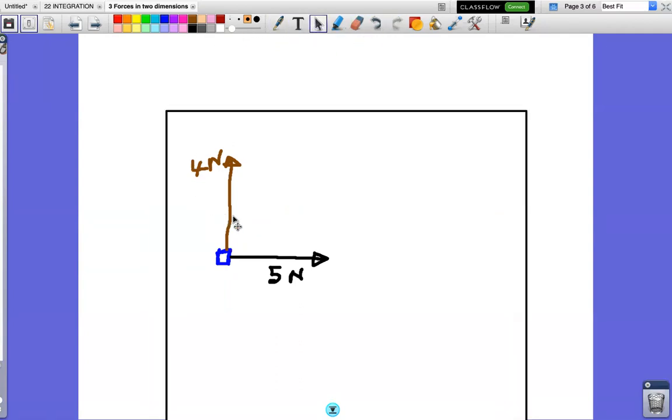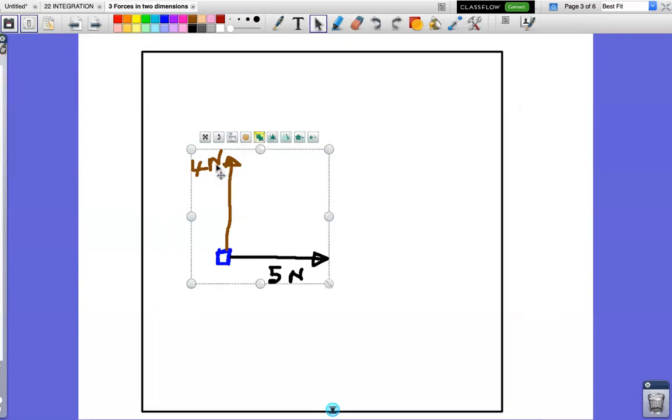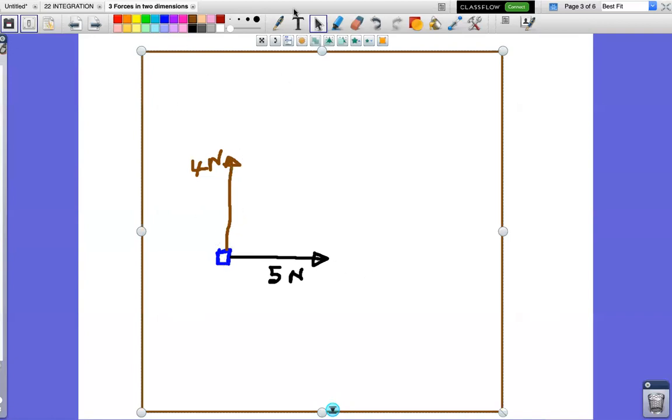In other words, if we want to find the resultant force, we can take this 4 newton force as a vector and put it on the head of this other force here. So the 4 newton force here is 4 newtons. And the resultant force is going to be from the tail of this vector to the head of that vector.